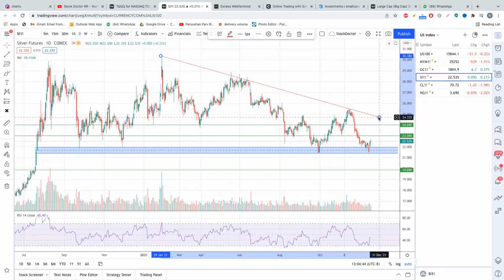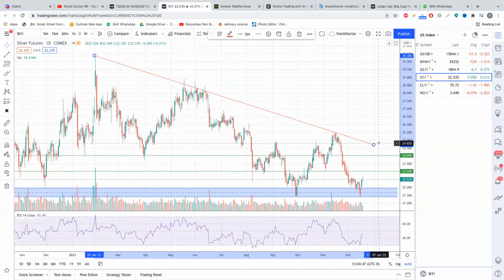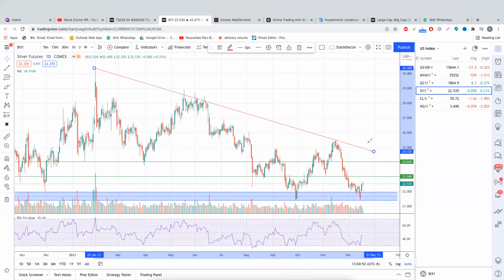When silver starts trading above this trend line, which is above $25, then we will talk about the bigger targets, like $26, $27, and $28, which was the previous high.